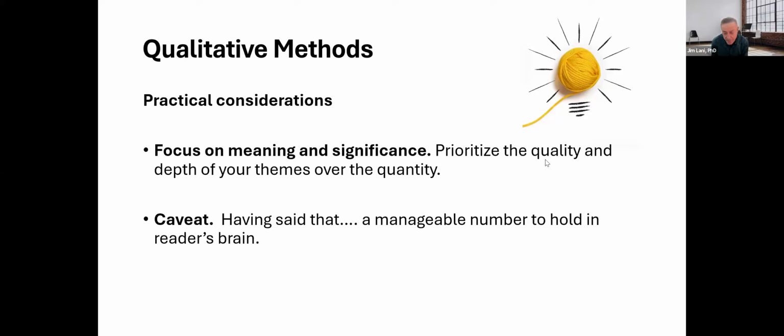Obviously, quality and the depth of your themes are much, much more important than the quantity. You want good, rich themes. And you don't want 120 of them, okay? By the way, in the quant piece, you want to talk about your bias. Quant, there's not too much bias going on. I mean, maybe bias in the questions, but there's not bias in the interview.